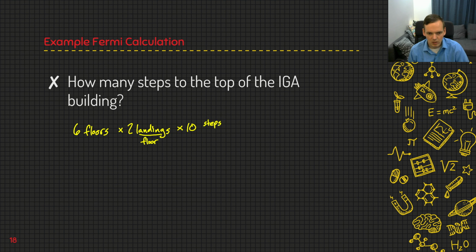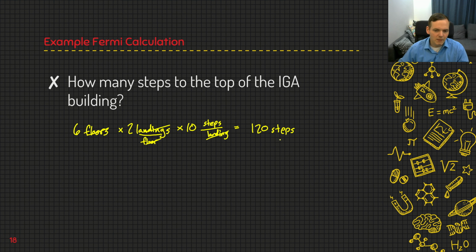So 10 steps per landing. If I cancel out any of these similar units, floors cancel, landings cancel, I end up with steps. That's good because I'm expecting units of steps, and I get 120 steps.